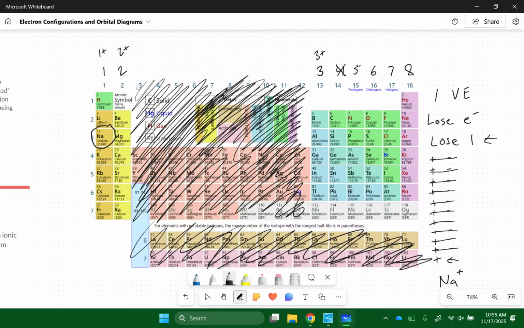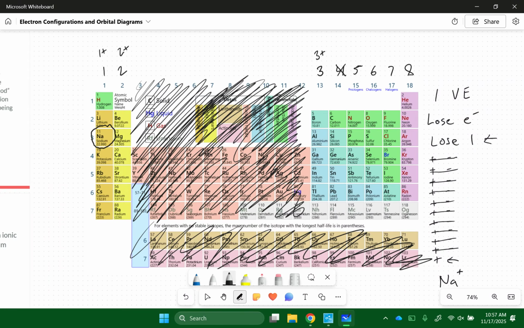Once you get to 5, though, now 5 is closer to 8. So instead of losing electrons, it's easier for it to gain electrons. Because if it has 5 electrons, its choice is they either gain 3 electrons or they lose 5 electrons, okay?